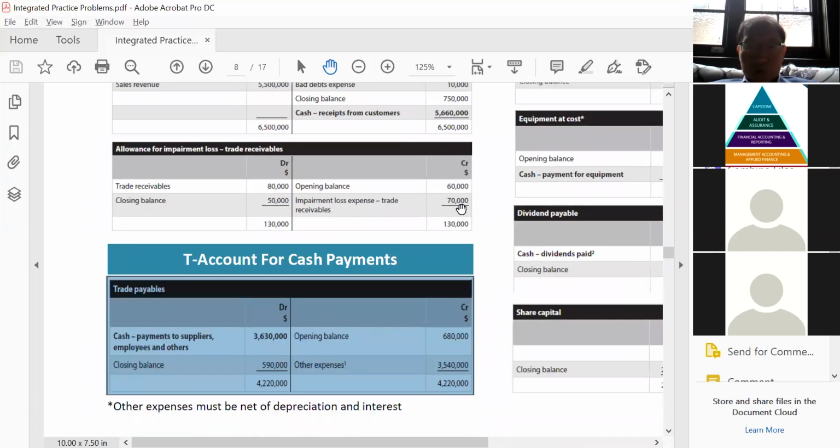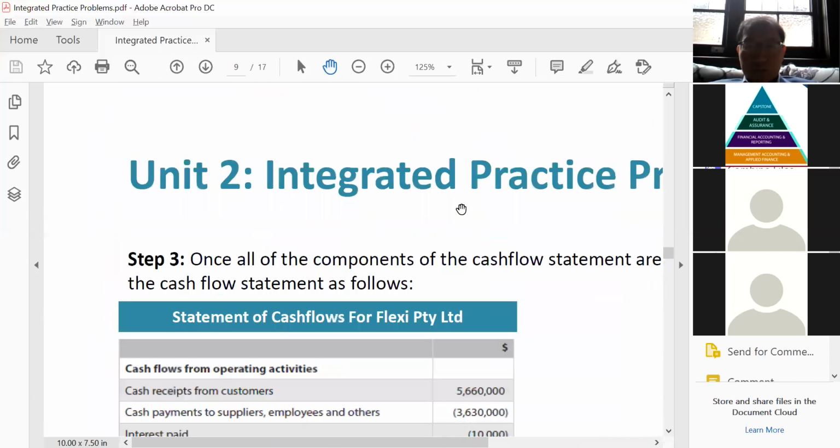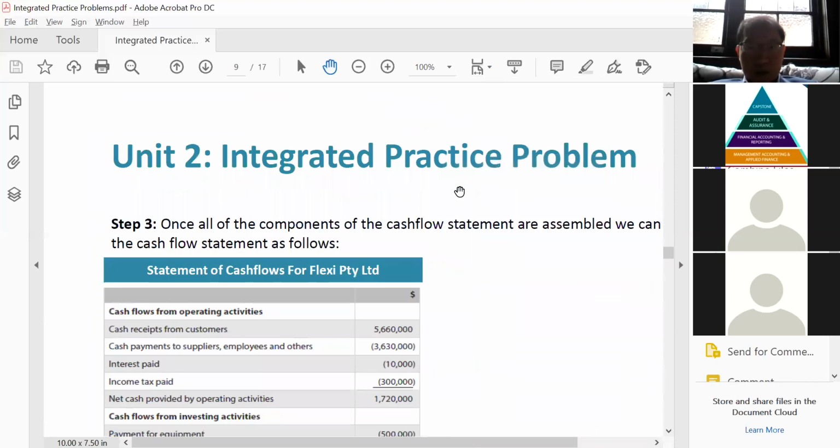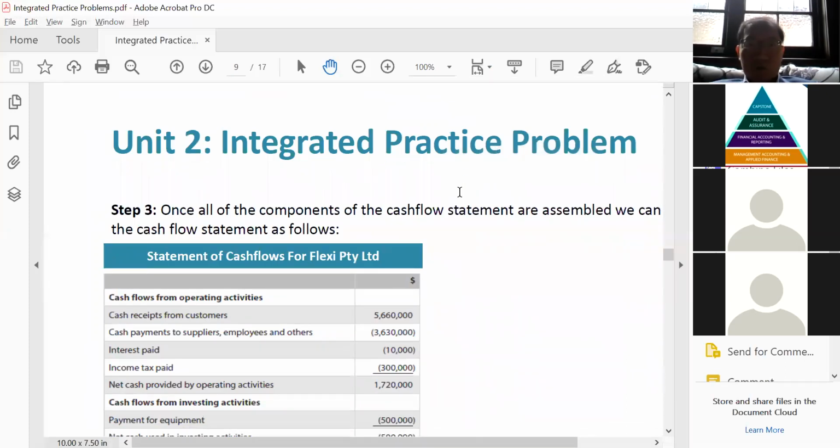And so when we do all of that for each of the accounts, we are pretty much at a position where we can take all of those pieces of information and put them together, right?